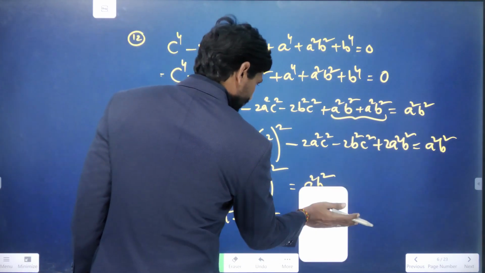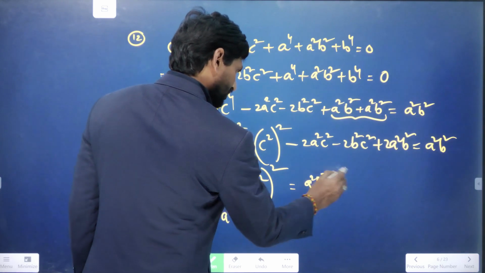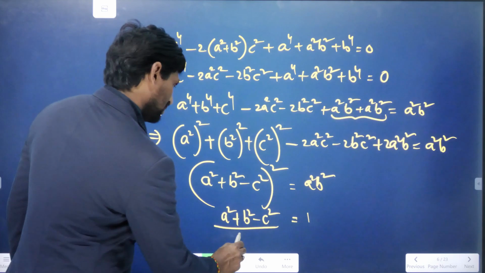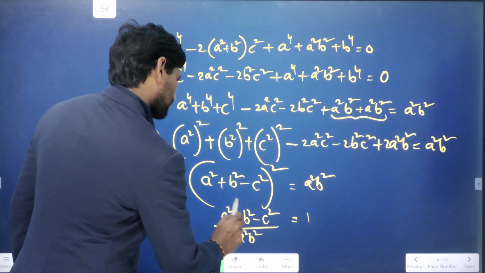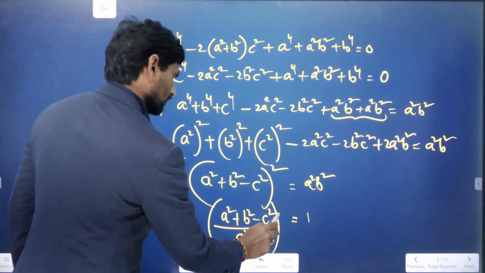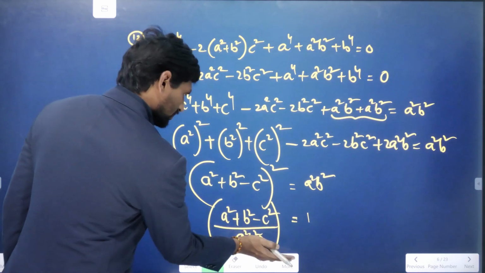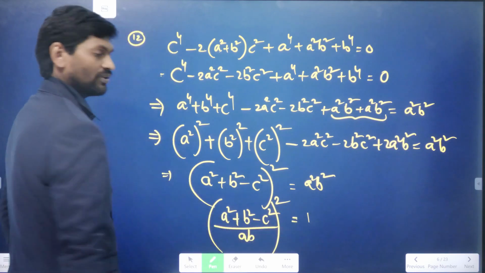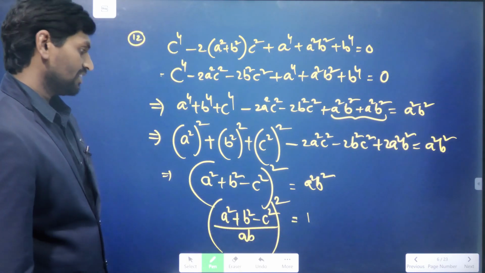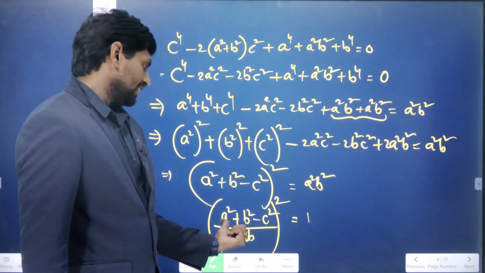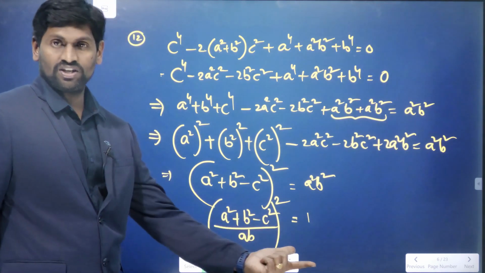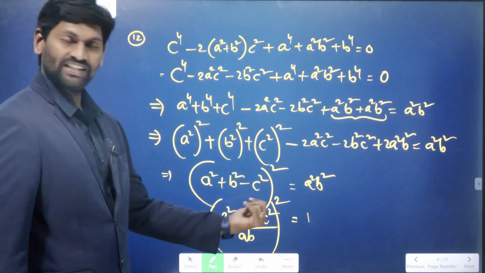Or we can write this one only a square b square, we are just dividing this side. Okay? 1 will be here, a square b square, this we can write ab whole square, okay, is equals to 1. Next what we want actually, a square plus b square minus c square by 2ab we want, because of the cosine rule, cos b value, the cos c value.